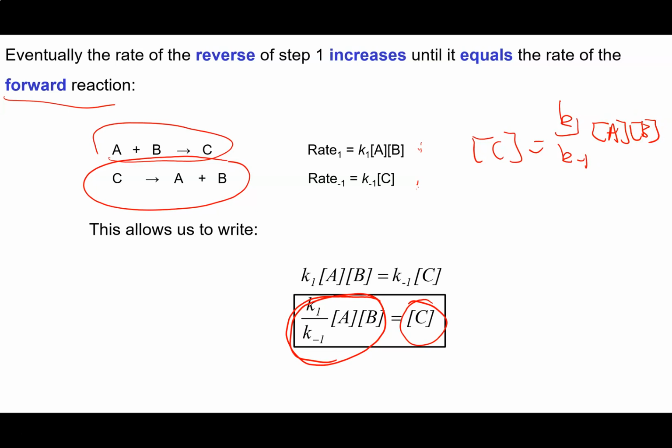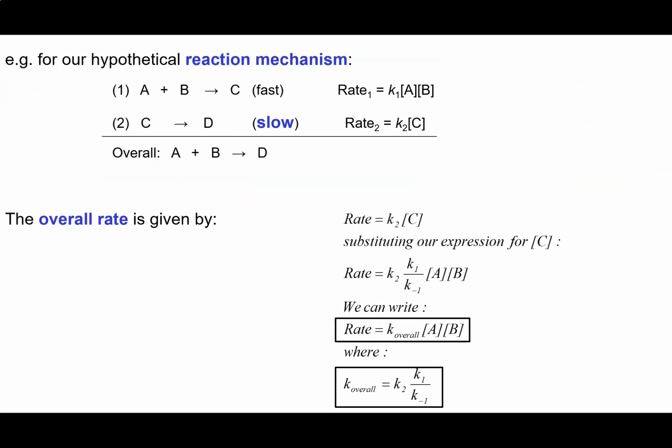So I figured out how to express C in terms of A and B, and so now I can go back and put that into my expression in the rate determining step rate law. The overall rate law for the reaction is given by the rate law for the slow step. There it is there.